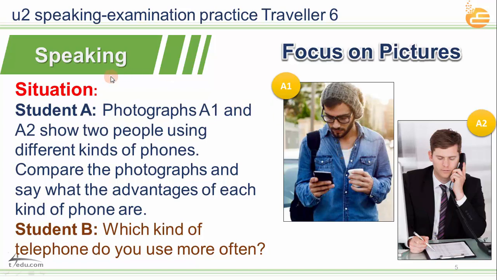So before speaking, we need a situation so we can talk about it. Student A: photographs A1 and A2 show two people using different kinds of phones. Compare the photographs and say what the advantages of each kind of phone are. So this is student A.